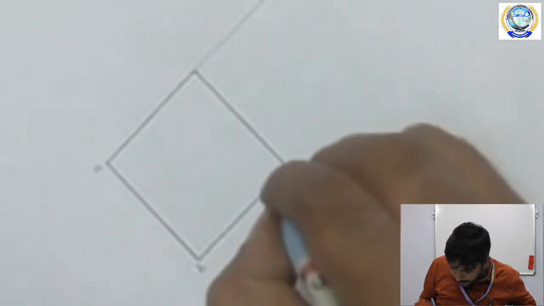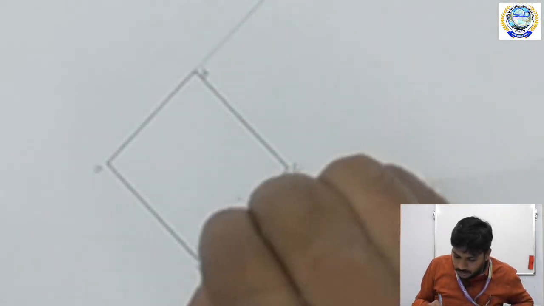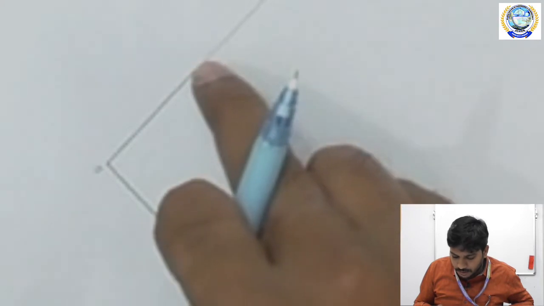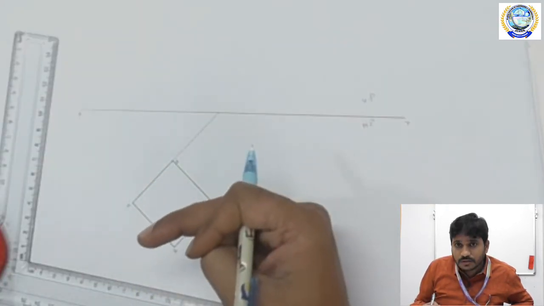Now I am writing the names of the corners A, B, C, D. The prism contains two bases. This is the top base, and the bottom is one more base.